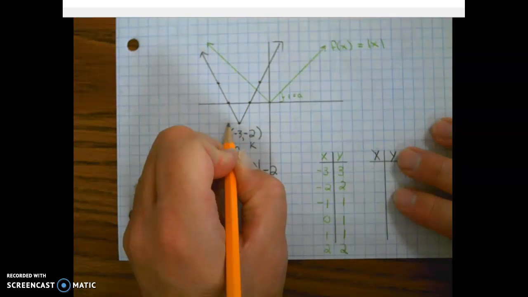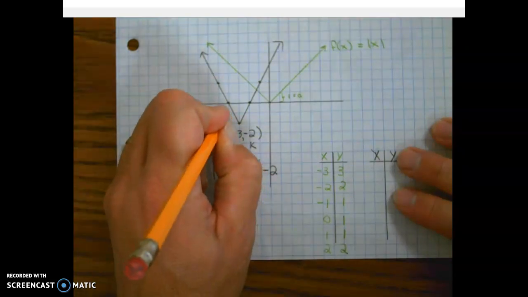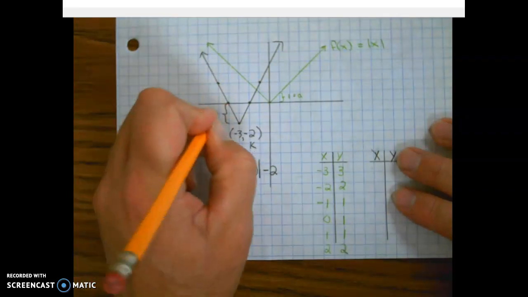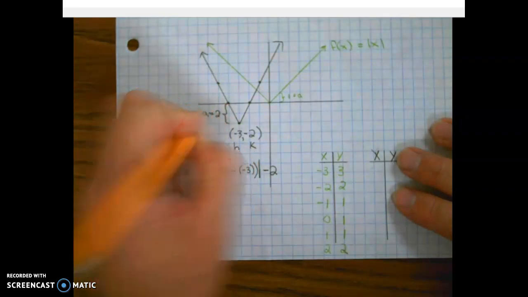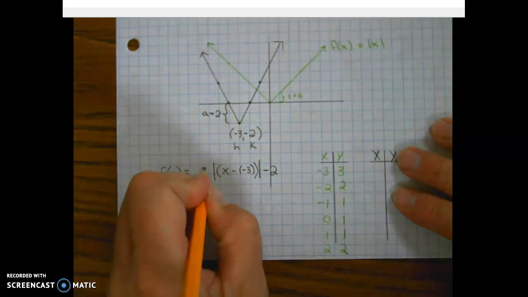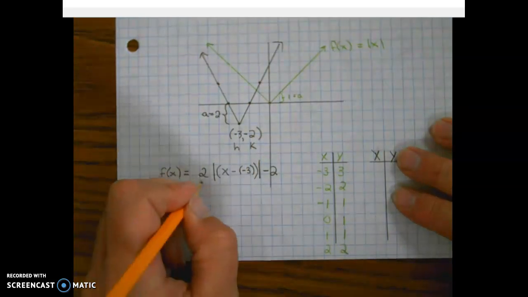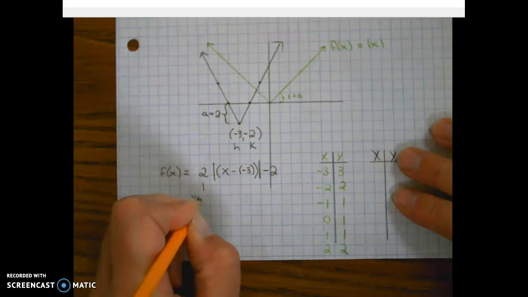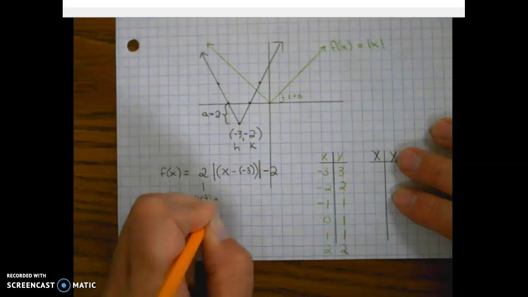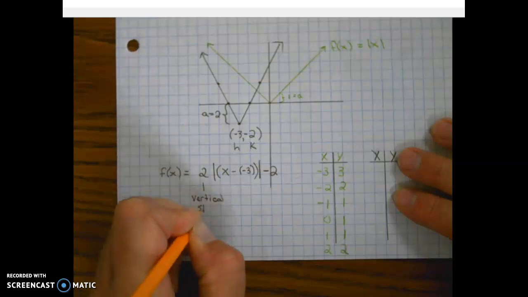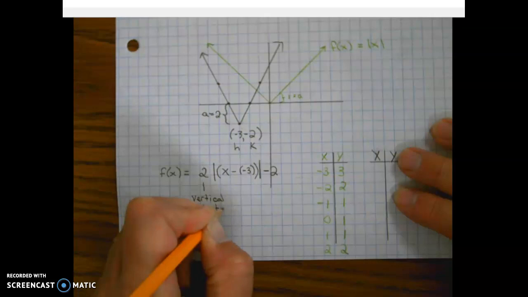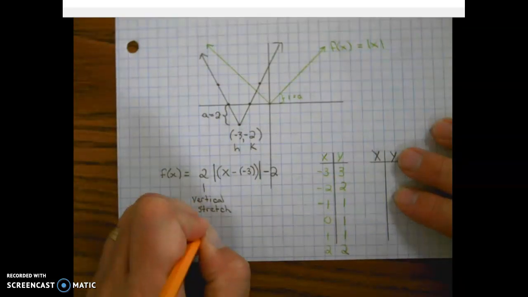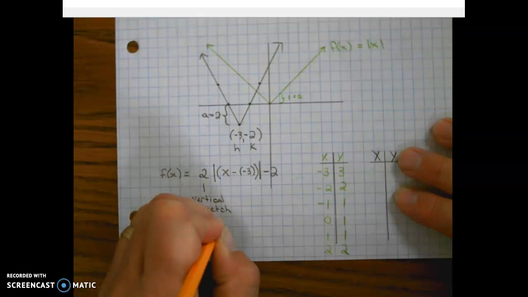Go over one unit and count to the graph, the nearest point, and here it's 2 units. So in this case, the a value is 2. And remember, when the a value is greater than 1, this tells us we have a vertical stretch.